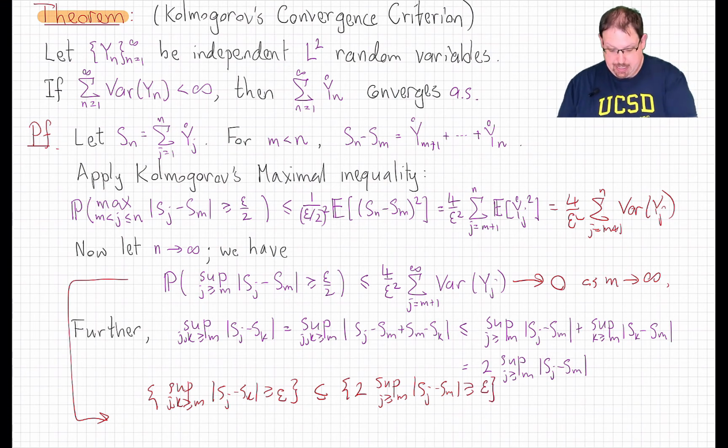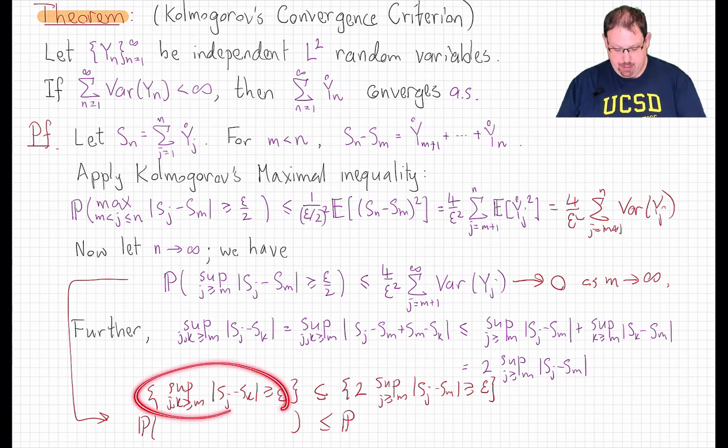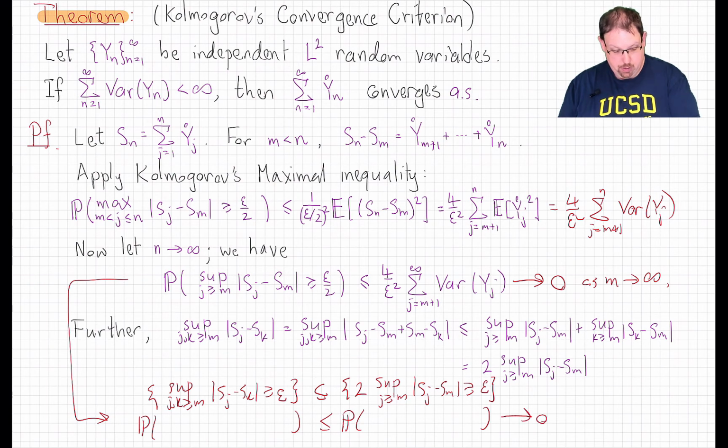But that's exactly what we bounded here in probability. So taking probabilities of both of these, we get that the probability of this event is less than or equal to the probability of this event, which goes to 0 as m goes to infinity.